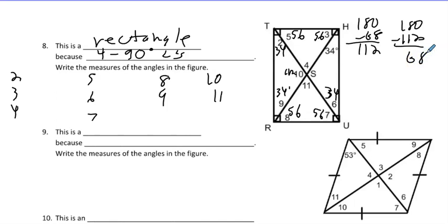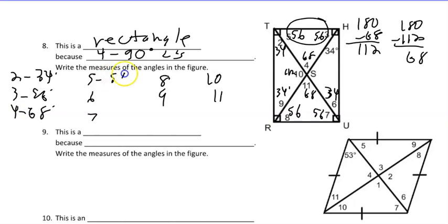Another way we could do that is if we added up these two and subtracted, we'd get 112 also, and then get 68 here and here. So let's fill those out. We have 34 degrees, 56 degrees, 68 degrees.